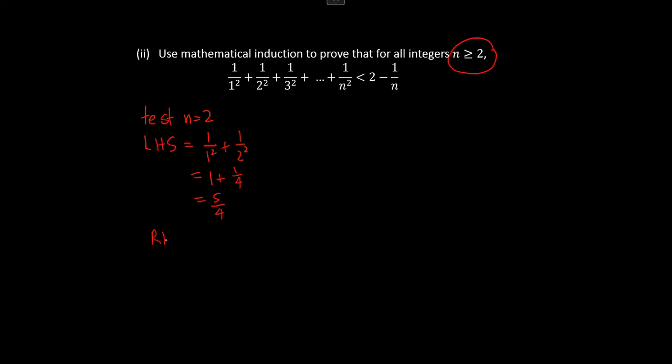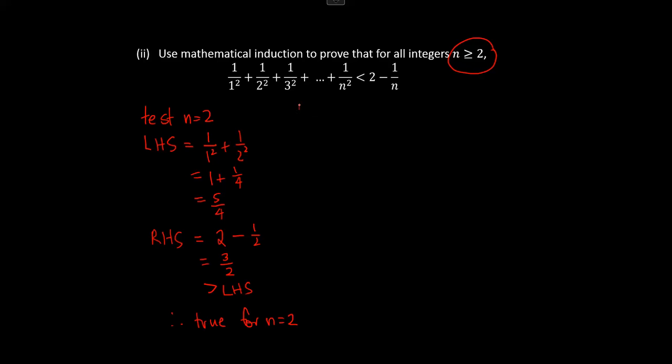And the right hand side, well, it equals 2 minus 1 over 2, which is 1 1/2. And now we can see that that's greater than the left hand side, which is what we want. Therefore it's true for n equals 2.